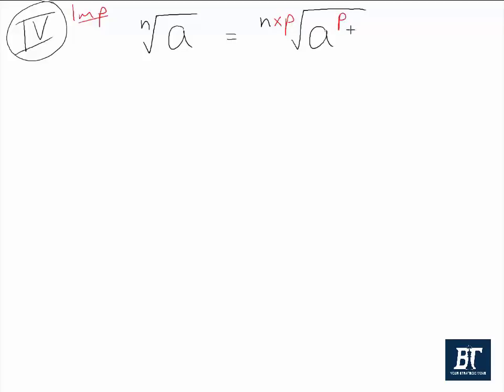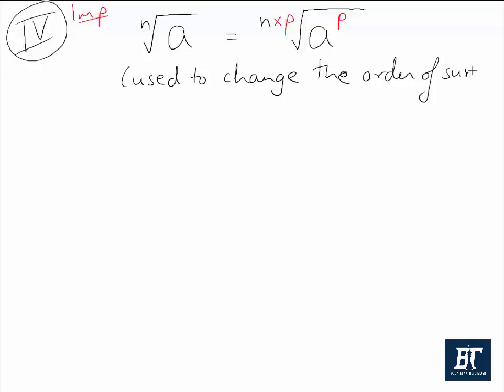So if I do that, I need to additionally take the power here of a. So nth root of a equals to n pth root of a to the power p. So this is used to change the order of surd.